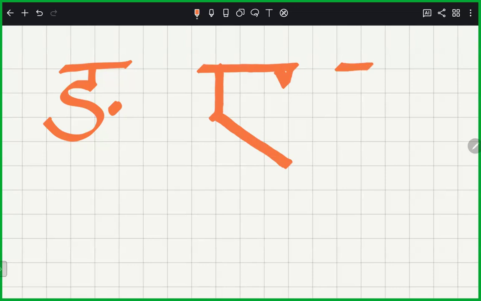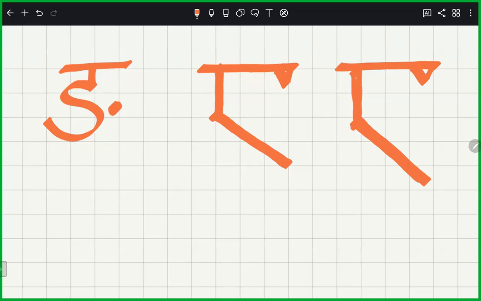I'll draw it again here. When you're making this stroke, you have to curl your pen a little over here and bring this stroke down, and a small triangle towards the end.